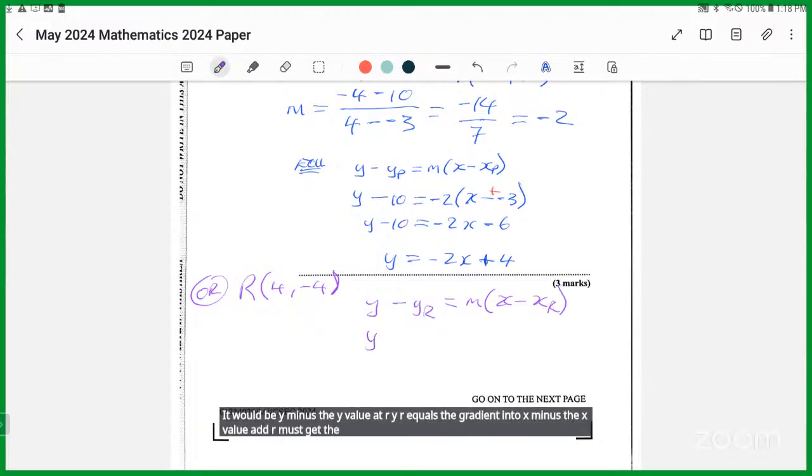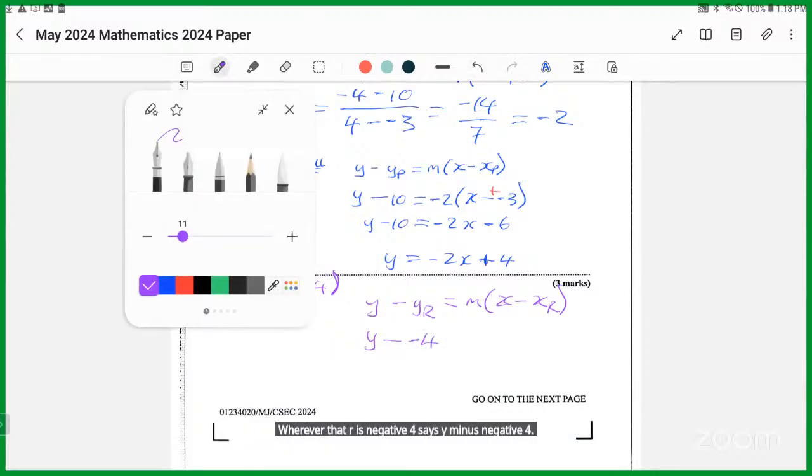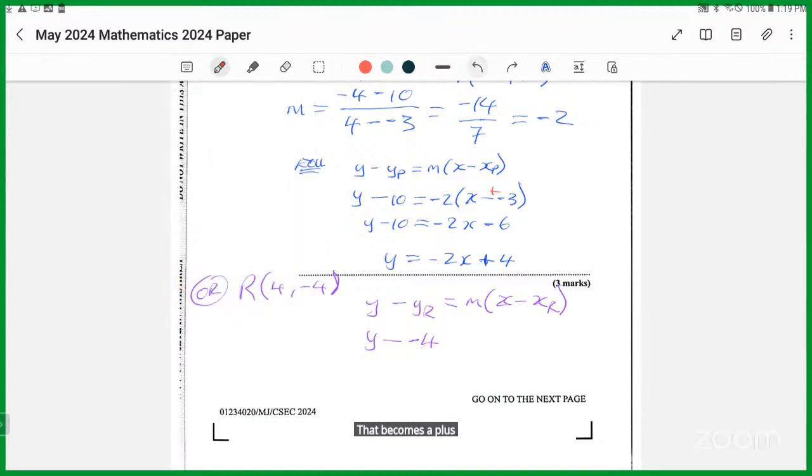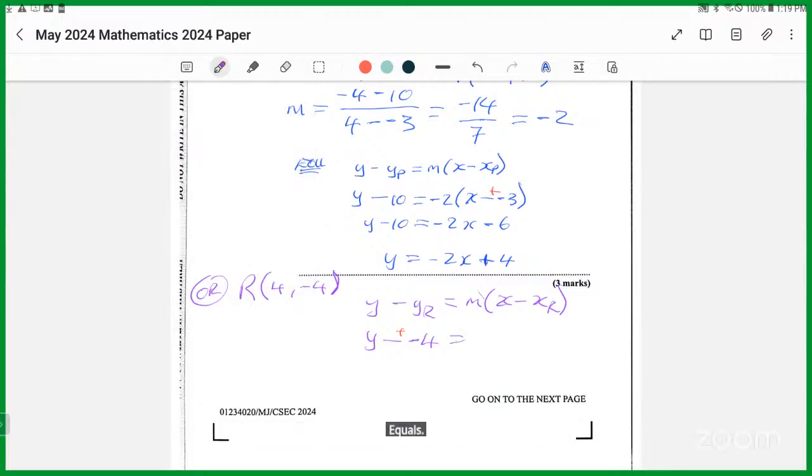So it's y minus the y value at R, which is -4. So it's y minus -4. That becomes a plus. This minus minus is a plus. Let's put a plus there. Equals the gradient, which is the same -2, into x minus the x value at R. The x value at R is this 4.